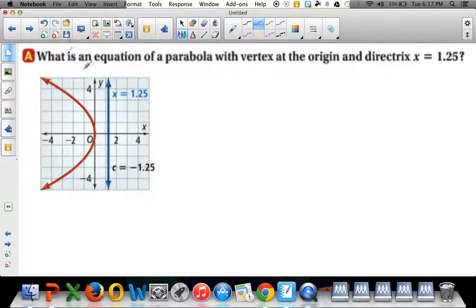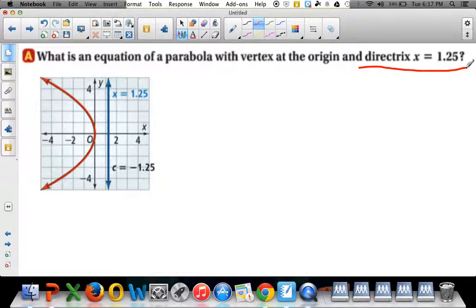Next question. What is an equation of a parabola with vertex at the origin and directrix x equals 1.25? So I know my focus and my directrix are opposite of each other.